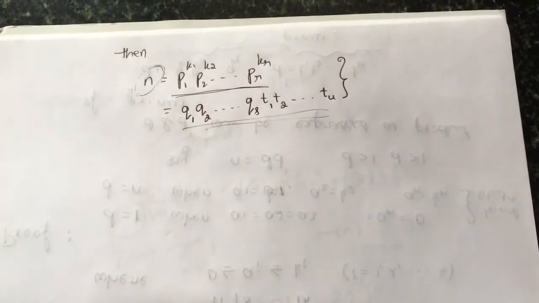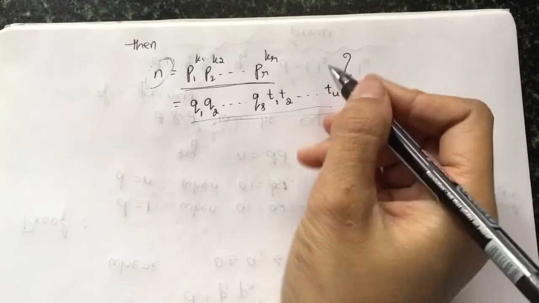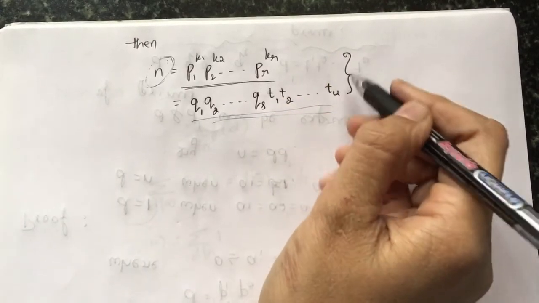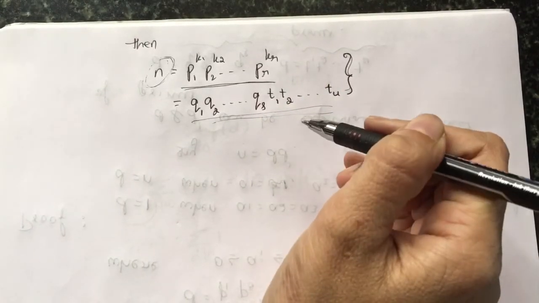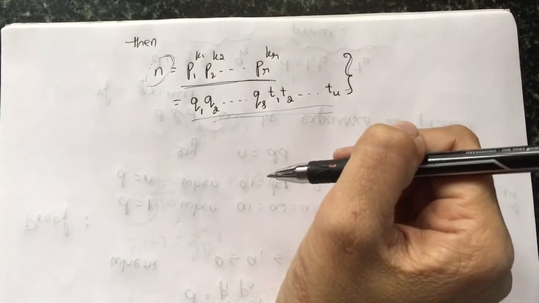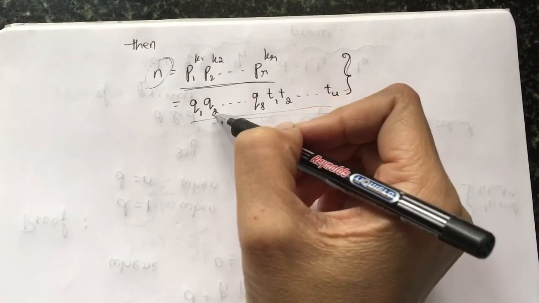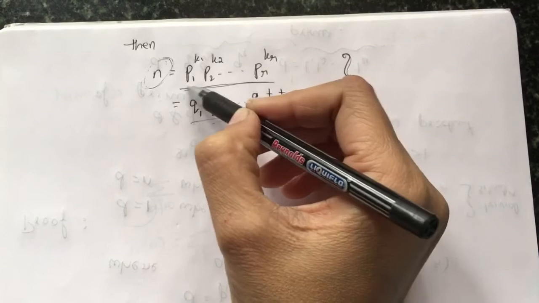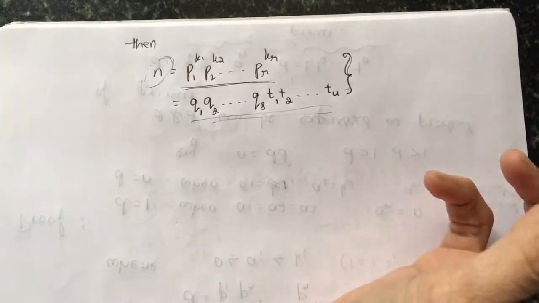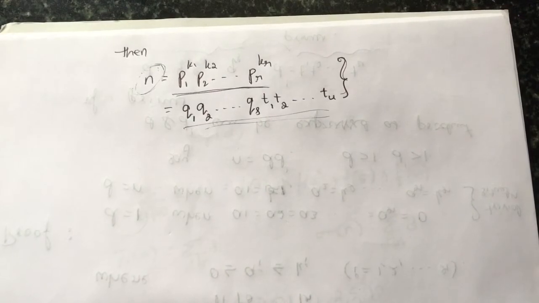Now from the fundamental theorem of arithmetic, we know that prime factorization is unique, right? So by the uniqueness of prime factorization, each prime qi must be one of these p1, p2, up to pr, right?